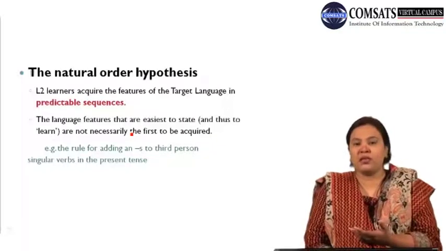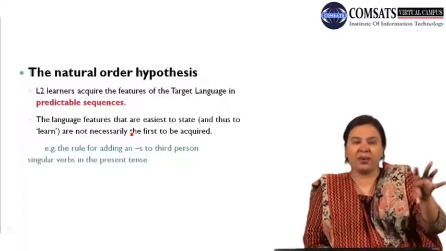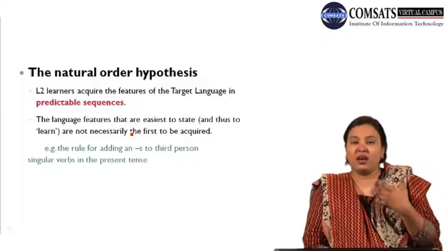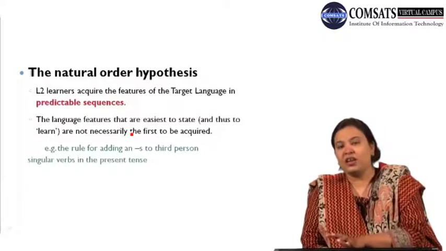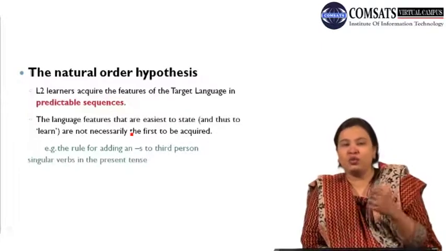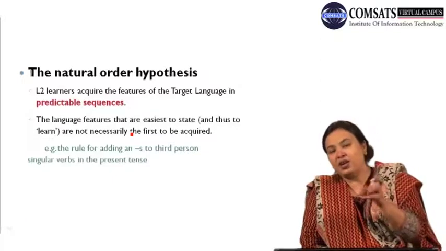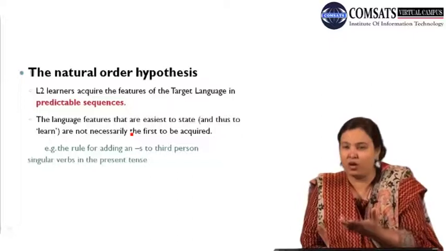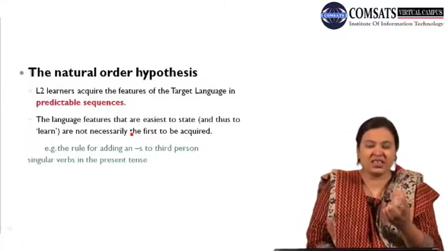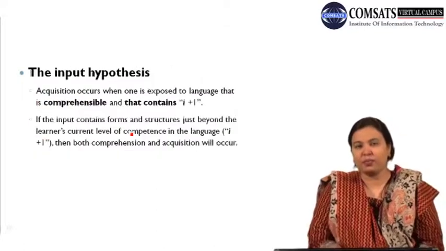Sometimes children learning a second language learn the complicated rules but are unable to understand the simplest ones. For example, they learn how to make the passive, but are not good at using the irregular forms of verbs. So this is called the natural order hypothesis.